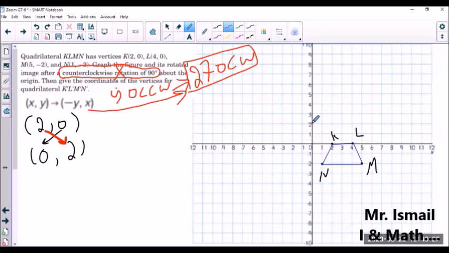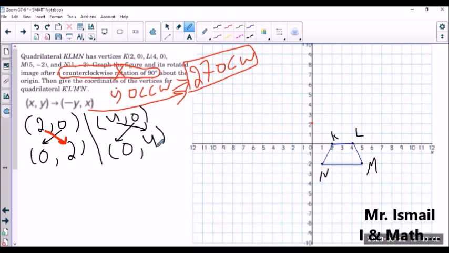That will be here, the first point. The second point, 4, 0. Switch: 0, 4, and multiply y by negative. 0 is neutral, so 0, -4 is the point. This is the second point.